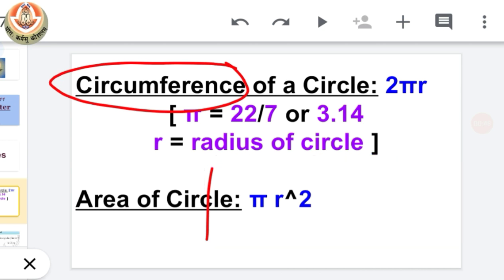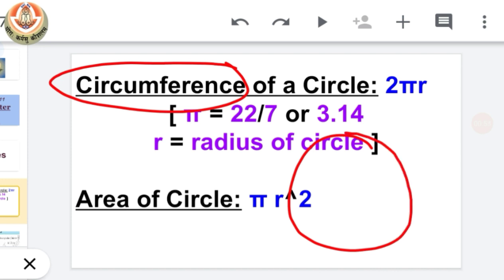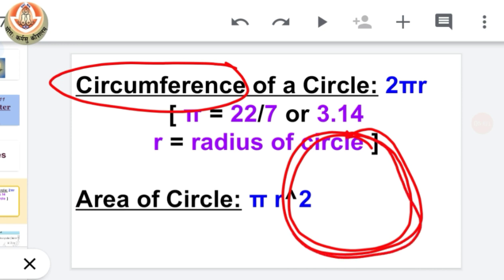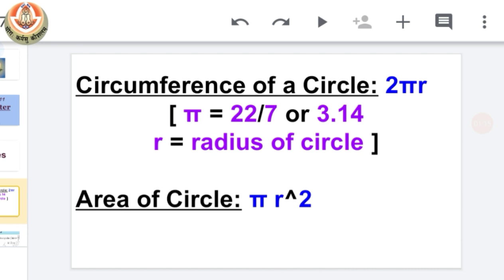Similarly, in case of a circle, the length of its boundary, if we take a thread and place it in the shape of a circle, then the length of that thread is known as the circumference of that circle. Now we have a formula to find the circumference of a circle, which is 2 pi r.